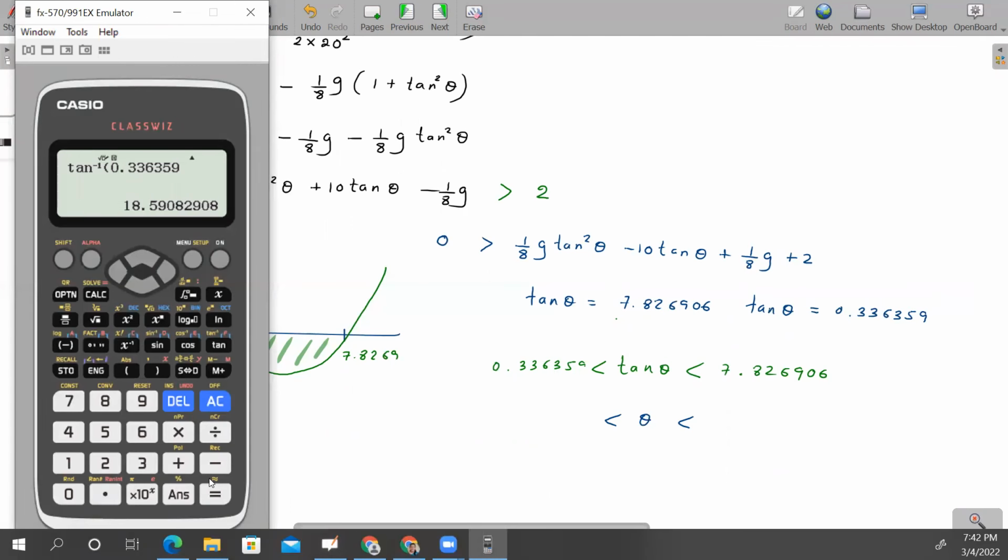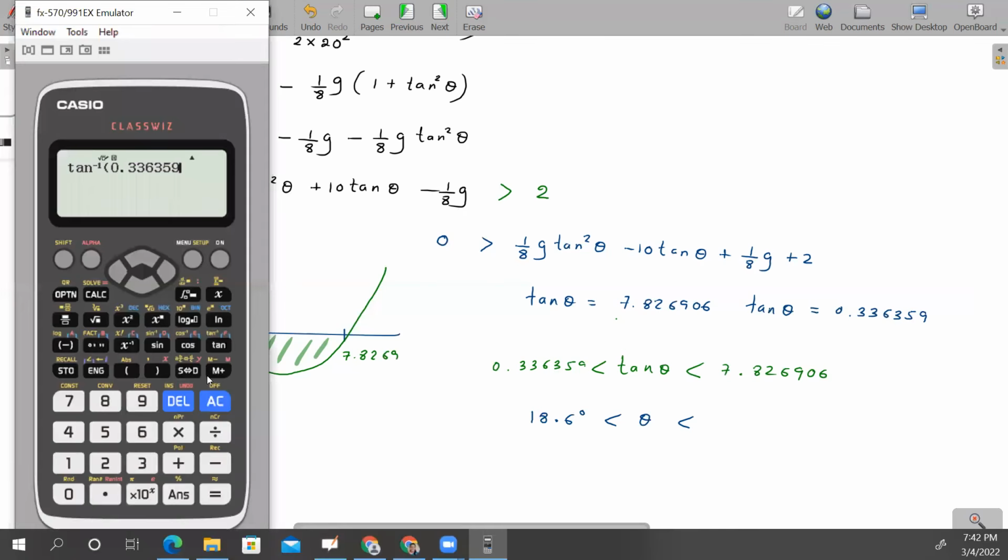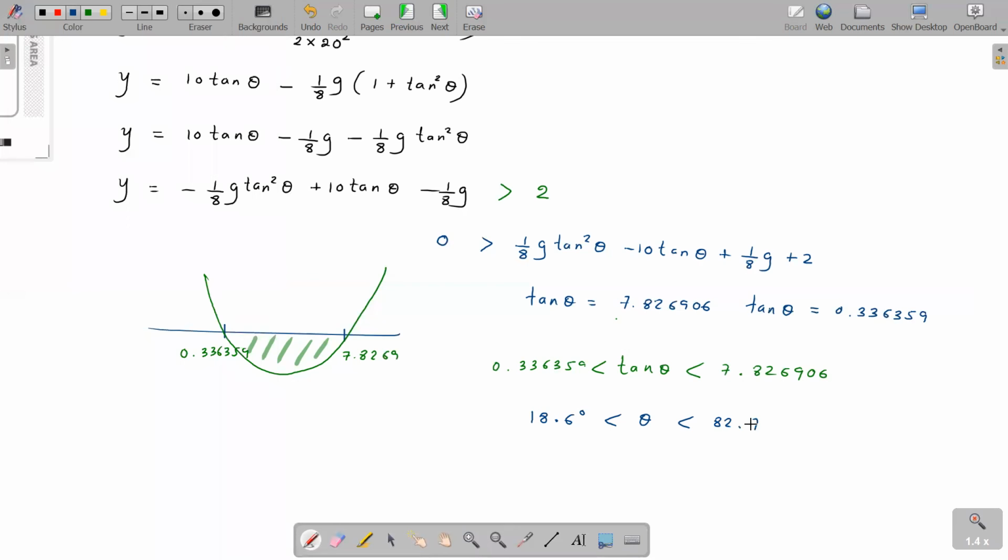We need to keep it to 3 SF, so 18.6. And the other one, tan inverse 7.8269 gives 82.7.